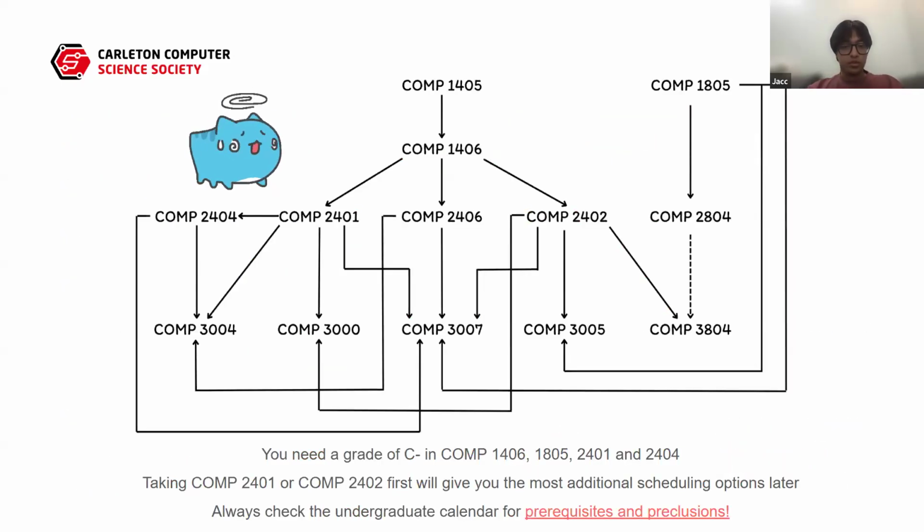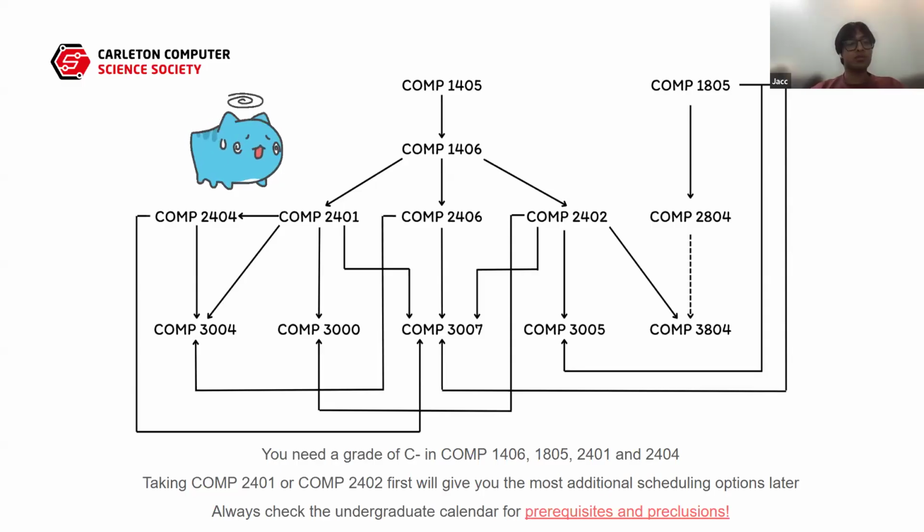So this here is a quick visualization of how the different courses connect to each other in terms of prerequisites for our core computer science courses. You should always use the actual undergraduate calendar with the description of all the courses as the actual source of truth for requirements, but this is a quick visualization for which courses are the best ones to take early.